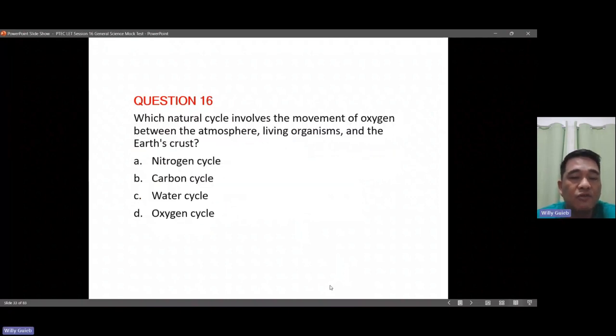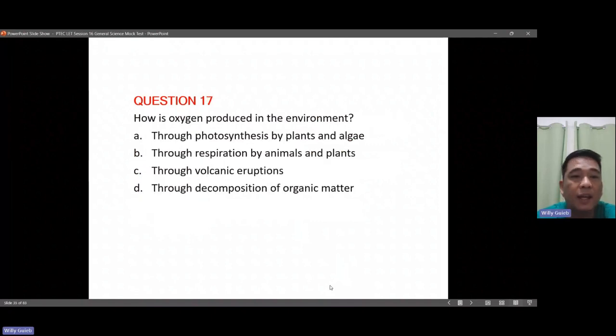Question 16, which natural cycle involves the movement of oxygen between the atmosphere, living organisms, and the Earth's crust? That's the oxygen cycle. Question 17, how is oxygen produced in the environment? A, through photosynthesis by plants and algae, B, through respiration by plants and animals, C, through volcanic eruptions, or D, through decomposition of organic matter.